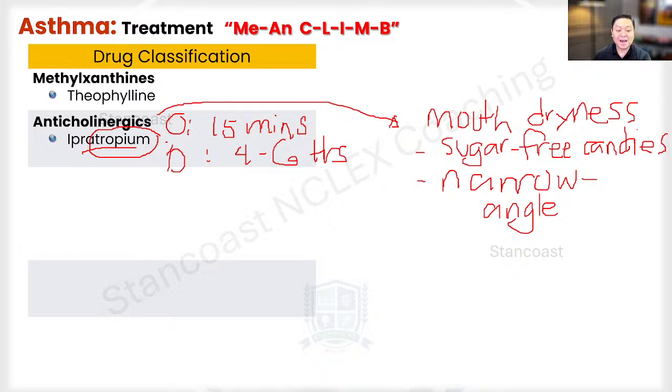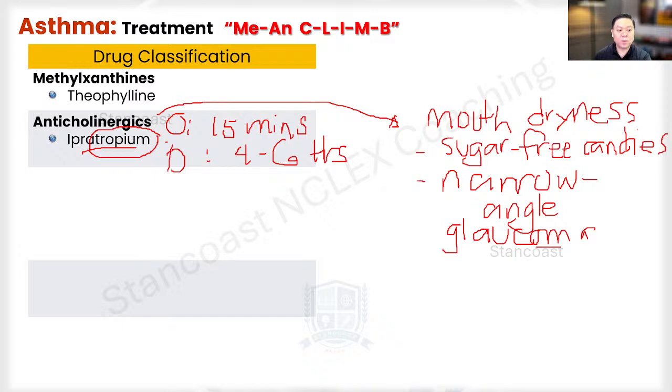Do they have any problem with the intraocular pressure, such as this narrow angle glaucoma? Because when they're going to be taking the ipratropium, that intraocular pressure will go up and they're going to have some visual impairment. If the pressure is not going to be relieved inside the eye, yes, it can lead to permanent blindness. So you got to be careful.